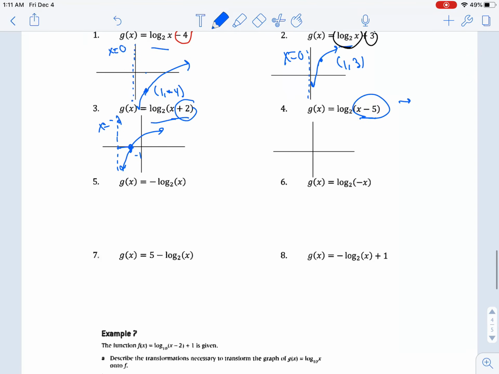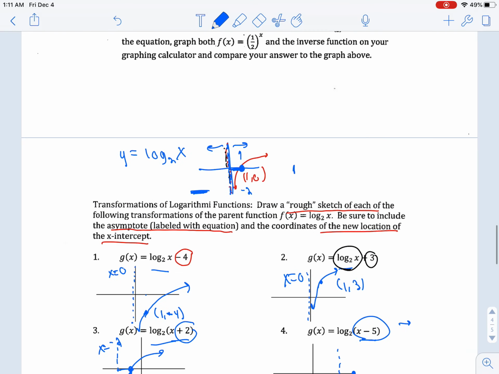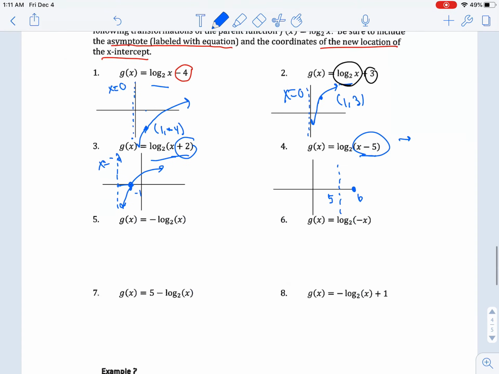It moves to the right 5 units. So now it's here. And we know that the point is 1 unit over from the asymptote, so that's going to be a 6. Another way to think about it is to take the 1 and add 5 to it. Moving 5 to the right again means you're changing the x coordinates. So what used to be 1, 0 is now 6, 0. So there's the graph of this one.